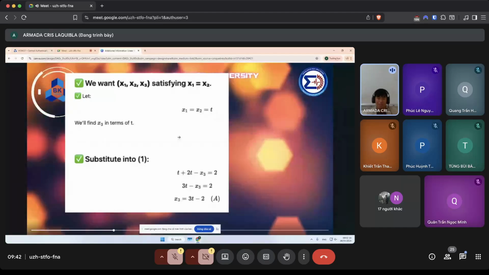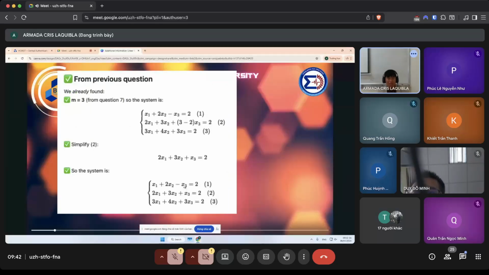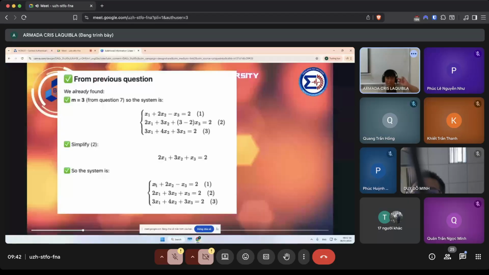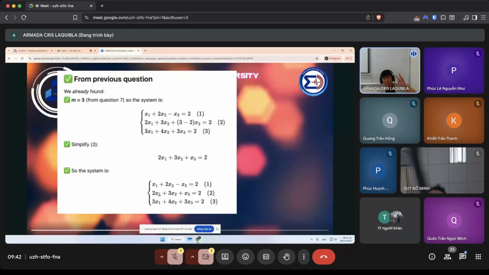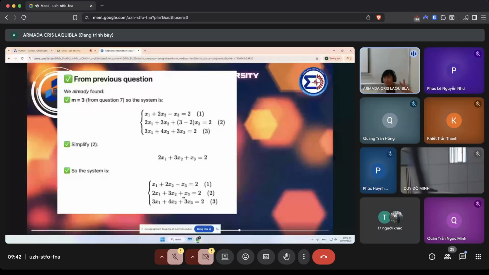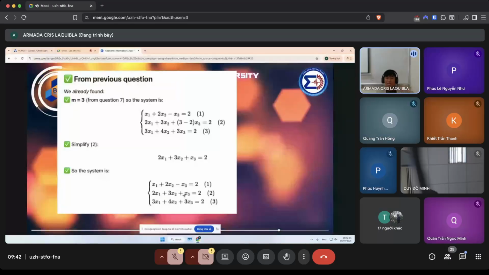Now, what to do? You have here three equations, right? If you replace x1 and x2 by t, how many variables are in equation 1? You have two variables now. Then equation number 2, t here and t. So you only have two equations and two variables now.